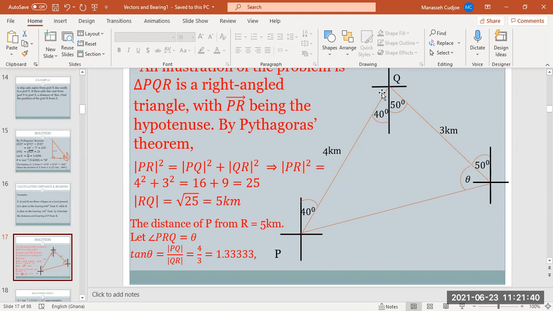So now let's check. We can find an angle in a triangle. This is 50 plus 40. So once this angle is 90 degrees, it means that triangle PQR is a right triangle.